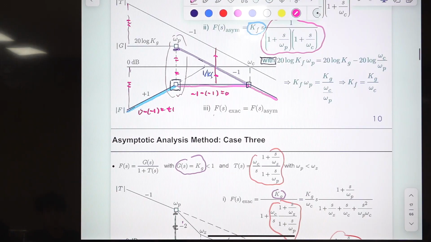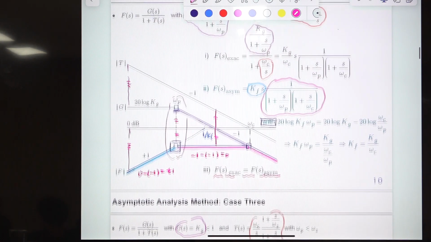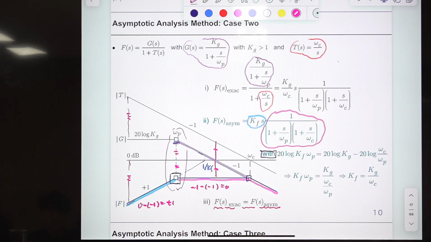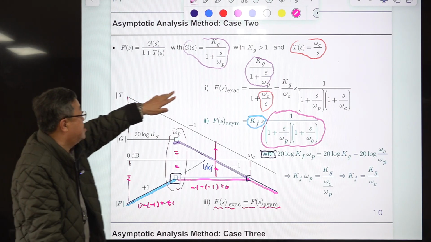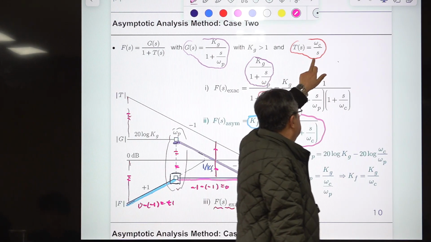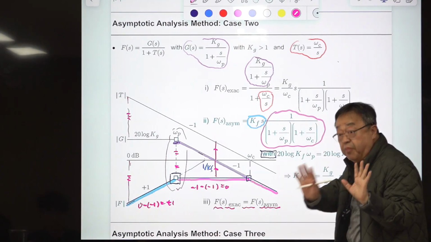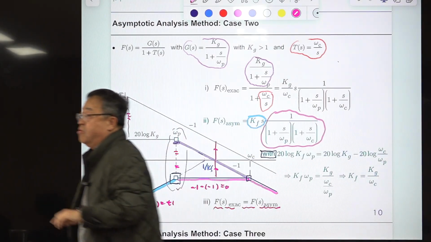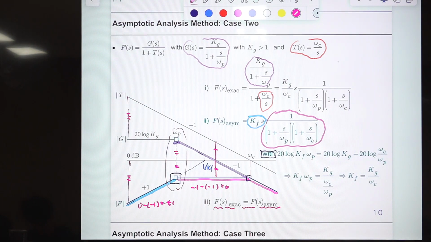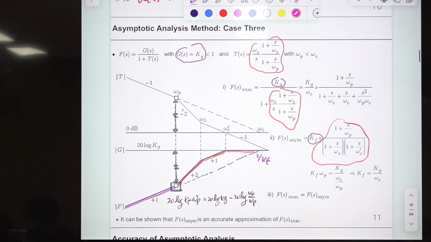Here this exact expression is the same as the asymptotic expression, but these two are special examples. The simplicity of this TS provides this result. In general, there is just some deviation. So in this third example, we see the difference between two expressions.